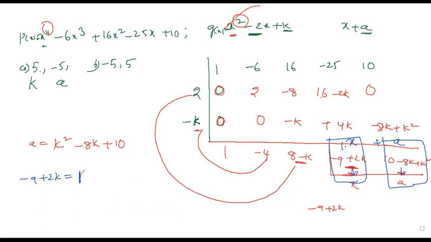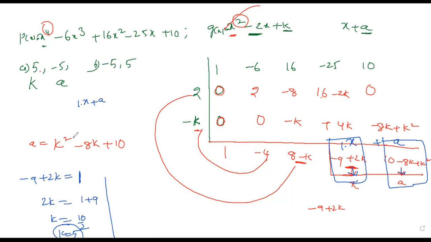We have to write this because they are giving that x plus a is the remainder, but we got the remainder this much. That's the reason I am comparing the x coefficient. Now 2k is equal to 1 plus 9, k is equal to 10 by 2, k is equal to 5.